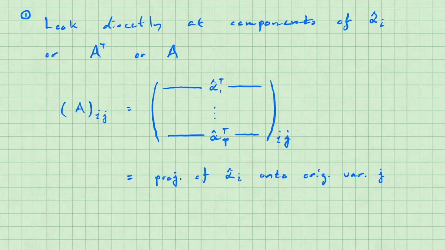Because it's element or component j of the alpha hat i vector. So that tells you how much the alpha hat i vector points in the direction of the original variate j. And in the notes, you'll see this called alpha ij.